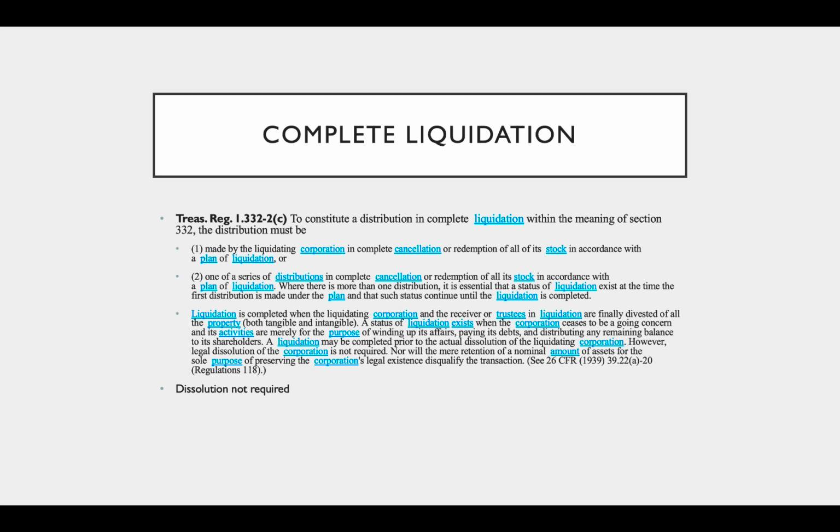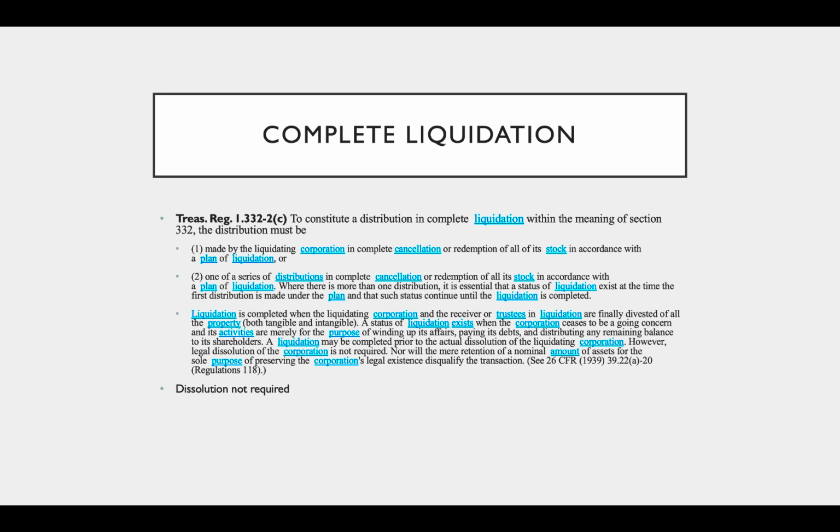Liquidation is complete when the liquidating corporation and the receiver or trustees in liquidation are finally divested of all the property of the corporation. A status of liquidation exists when the corporation ceases to be a going concern. So it ceases to be in the business it was previously in, and its activities are merely for the purposes of winding up its affairs, paying its debts, and distributing any remaining balance to its shareholders.